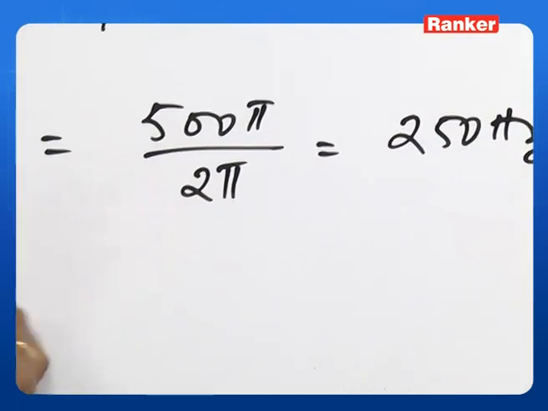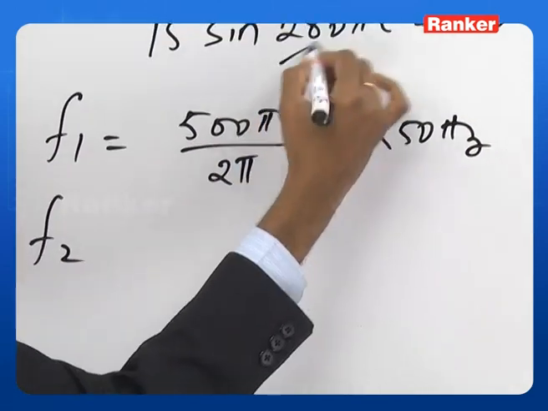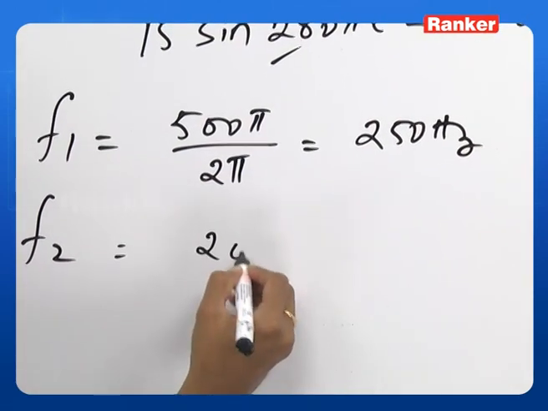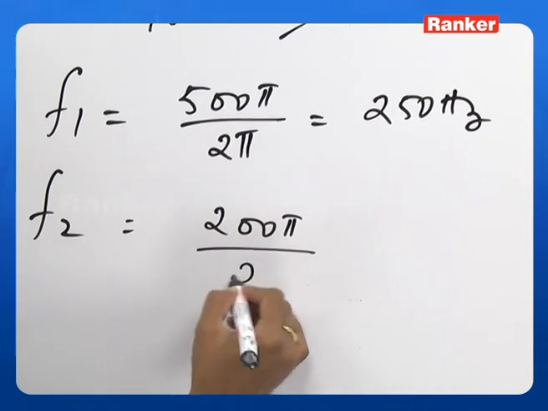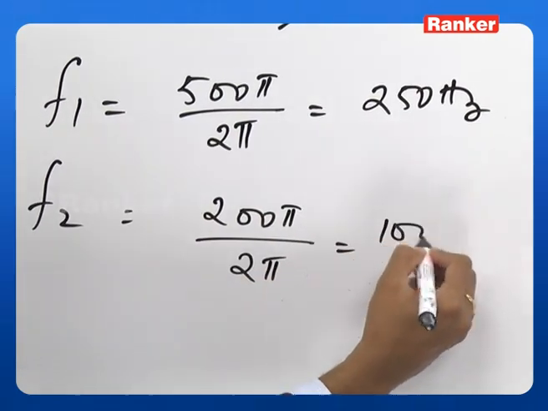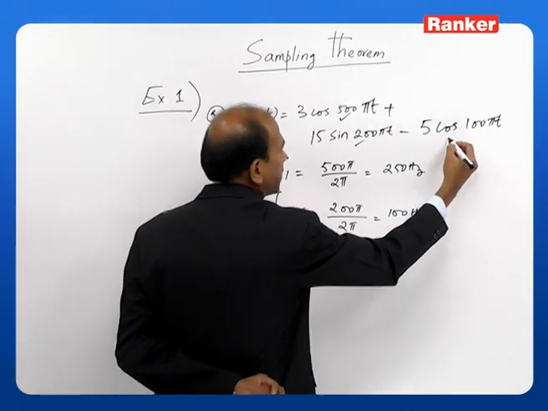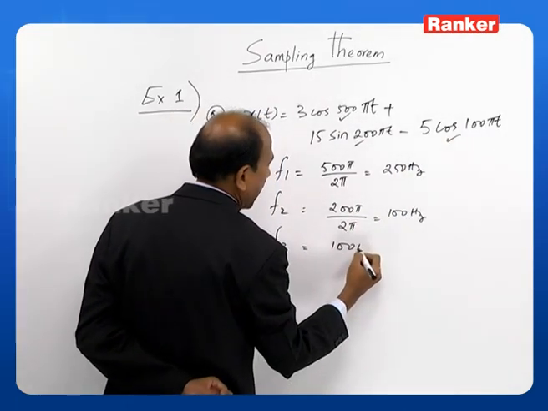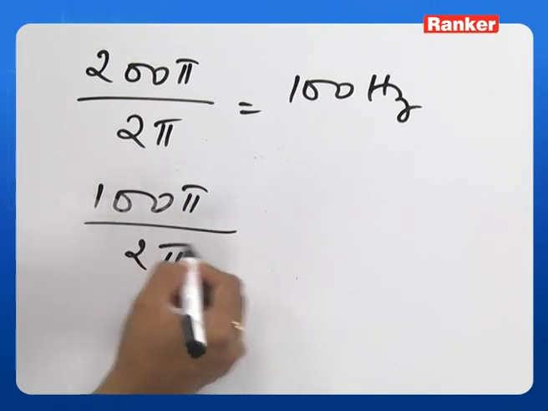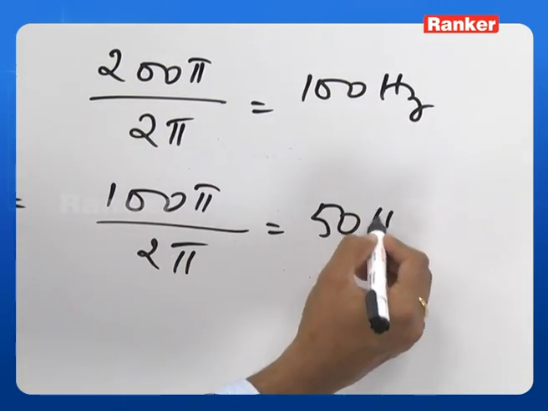Similarly, f2 is equal to 200 pi by 2 pi, so this is equal to 100 hertz, and f3 is equal to 100 pi by 2 pi, so this will be equal to 50 hertz.